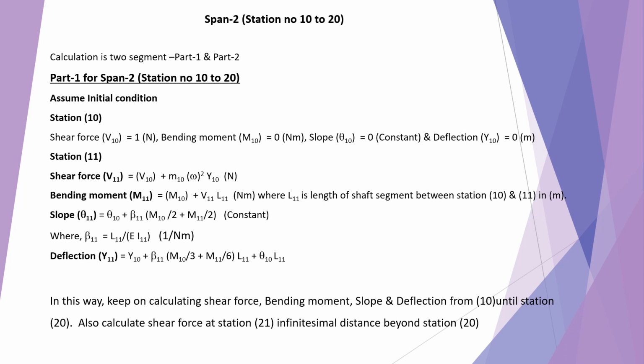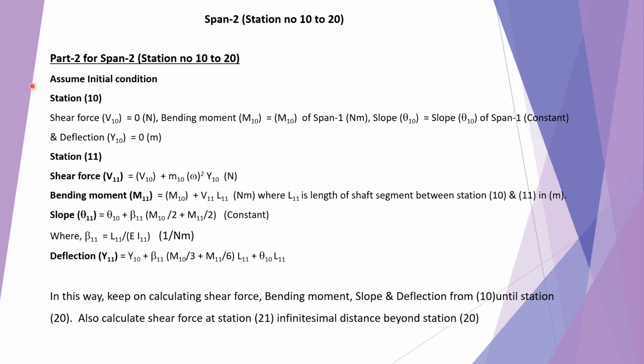Deflection Y11 is equal to Y10 plus beta 11 into bracket start M10 by 3 plus M11 by 6 bracket close into L11 plus theta 10 into L11. In this way, keep on calculating shear force, bending moment, slope and deflection from station 10 until station 20, and also calculate shear force at station 21, at an infinitely small distance beyond station number 20.